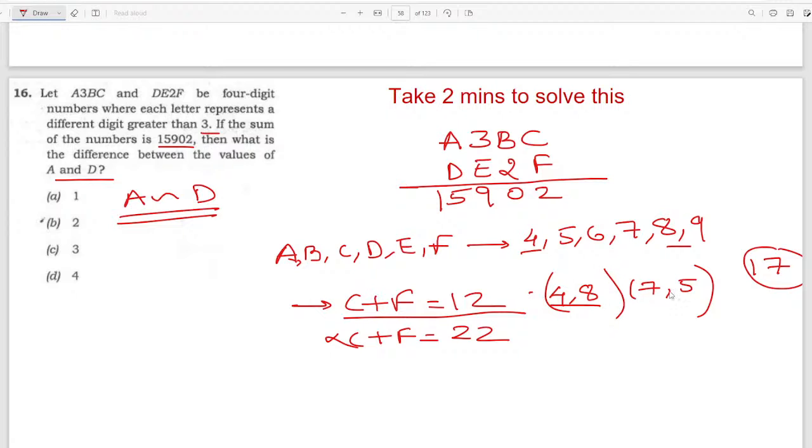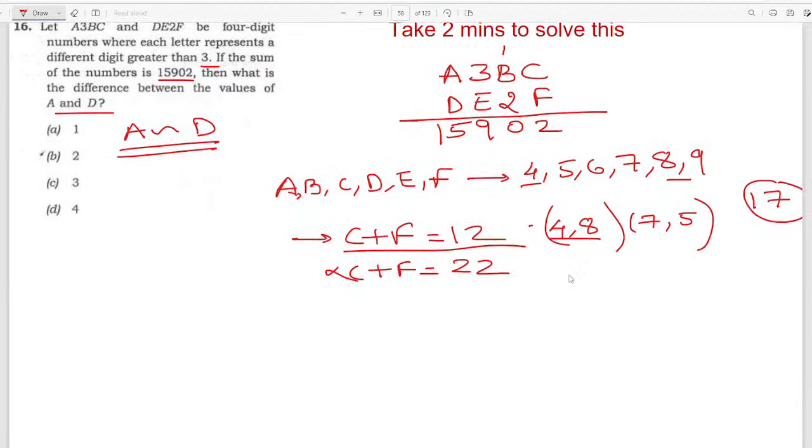Now to find out which of these two options is right, we'll first check this one. C plus F is 12, we know that. So if we carry here, this would be B plus 1 plus 2 would give you 0, that is 10. It should be 10. So what is B? B plus 3 should give you 10, and 1 would be carried here.